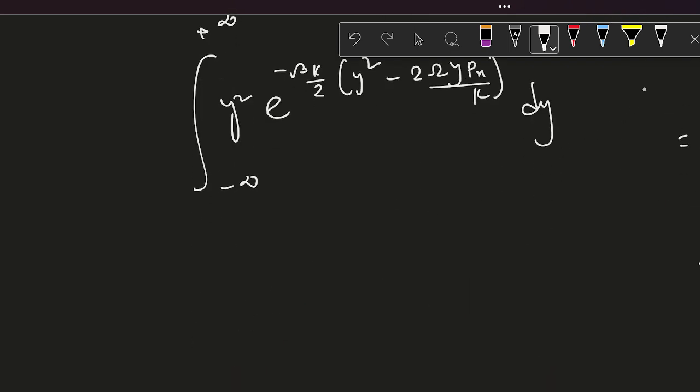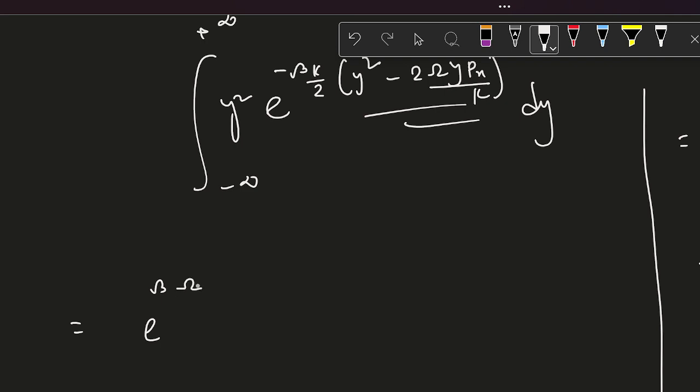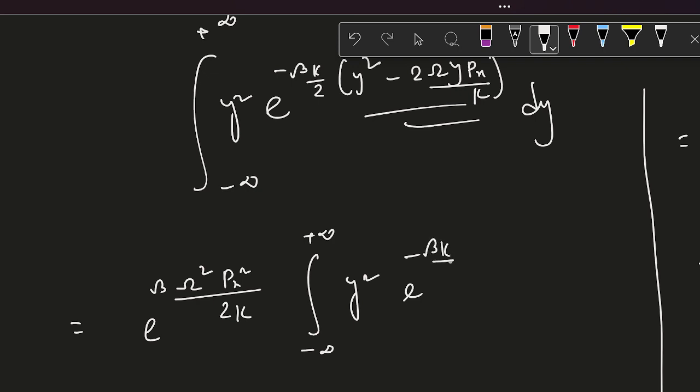Then again, if you try to reduce this exponential part to a similar whole square term, you will have a constant term separated outside. So a similar thing, you just try to solve it in an a plus b whole square or a minus b whole square format, so that a constant part comes outside the integral, which is e to the power beta omega squared px squared by 2k, and then you have this y squared extra because this is already present in the term, and then e to the power of minus beta k by 2, y minus omega px by k, whole square.